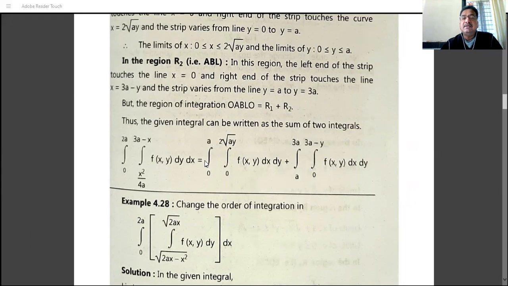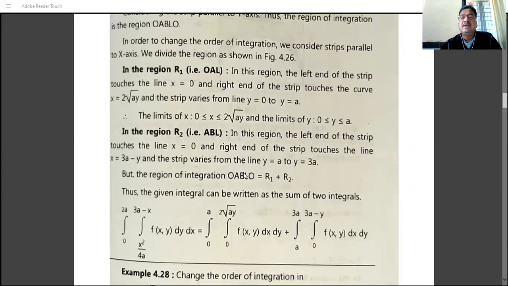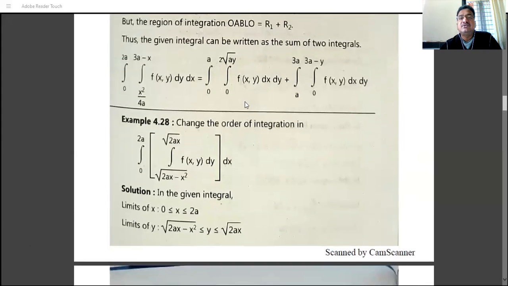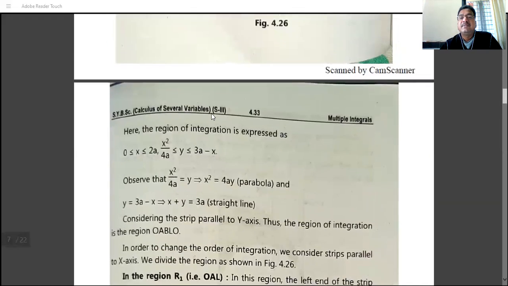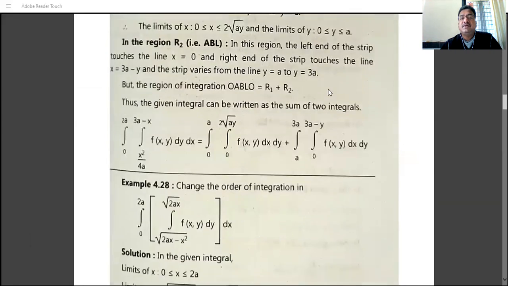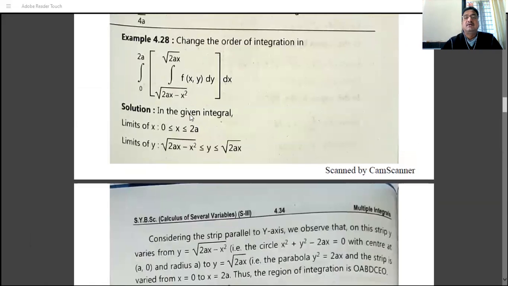Then we have to find the limits. First is the R1 region. In the R1 region, this strip's one end touches the line y is equal to 0, so y is equal to 0 is the lower limit. The other end touches the curve x square is equal to 4ay, and from this we have y is x square by 4a, so x square by 4a is the upper limit.